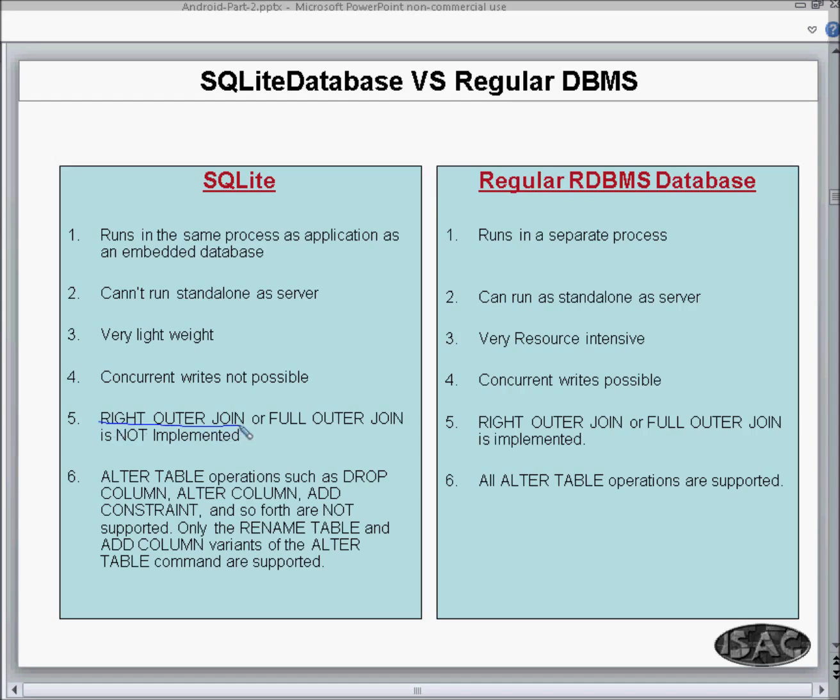Right outer join, full outer join, drop column, alter column, add constraint, and so forth are not supported. And obviously, it cannot run as a standalone server, while a regular one can. Concurrent writes are not possible, while in regular ones they are possible. It is an in-process database, while the other runs in a separate process. So these are the very basic differences from an RDBMS.